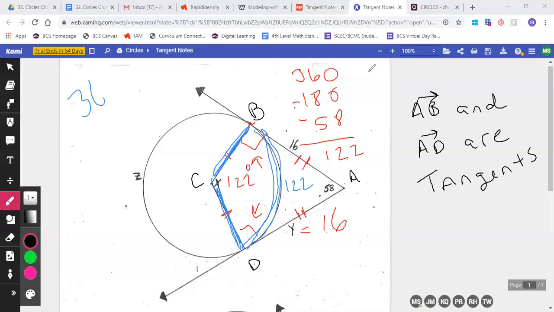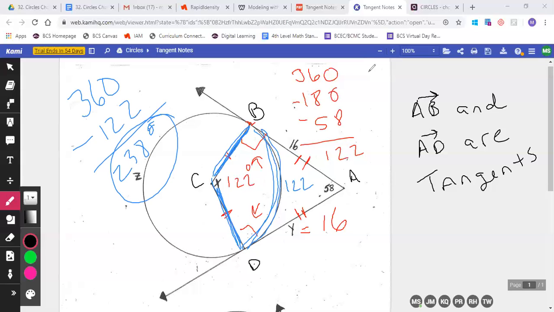So I could take 360 degrees and I can subtract off that 122. And when we do that, we're going to find that we have 238 degrees. So that would mean that Z is a major arc. It is above 180 degrees.